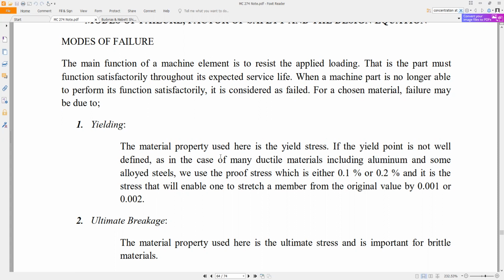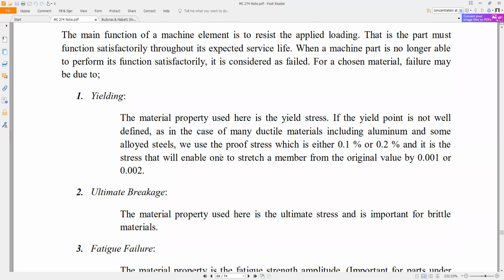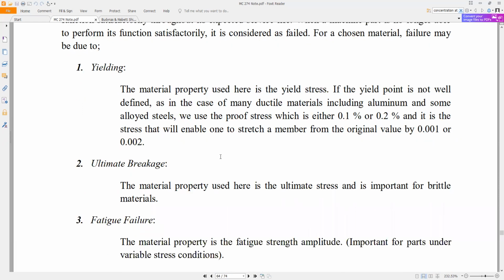Okay, so the material that yields, if it yields, we say that it has failed. And when the machine element is designed, we should ensure that it operates at a stress value below the yielding stress of the material.